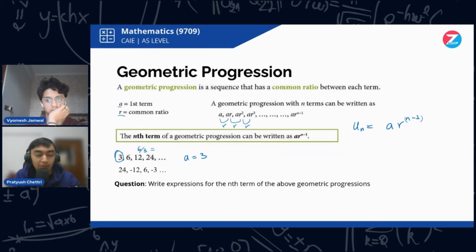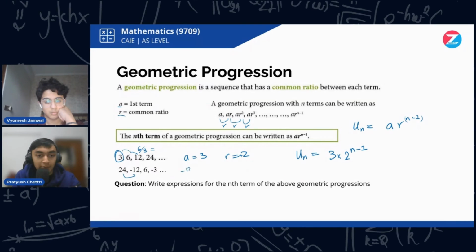Again, you can just tell that it's doubling, can't you? So r is 2. So my un is 3 times 2 to the power n minus 1.